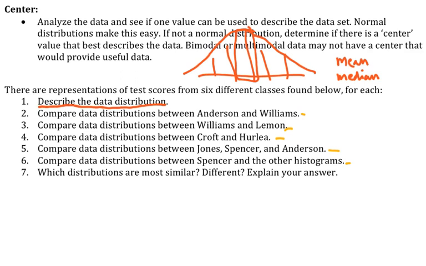Actually, maybe we'll just have you describe the data distributions and then turn this in, and next time in class we'll talk about the comparisons and go from there. And then we can move on. I like that idea better, so let's do that. So you're just going to describe the distributions. Have the guest teacher pause this, and you guys get describing those using those words we just used. If you haven't paused it, pause it now.